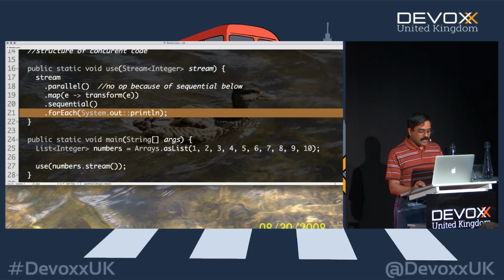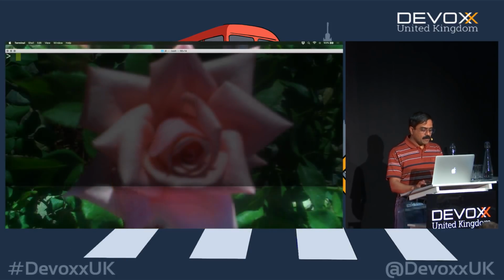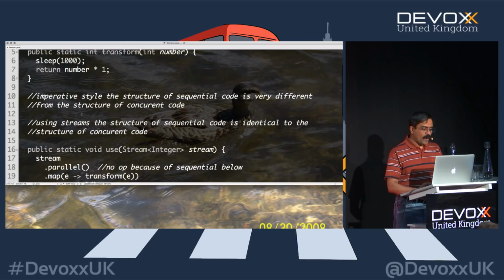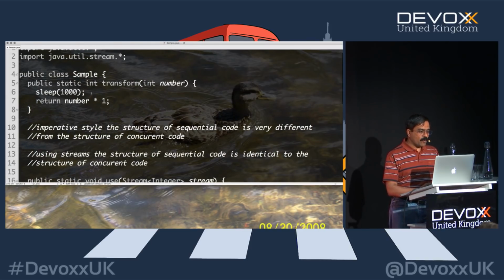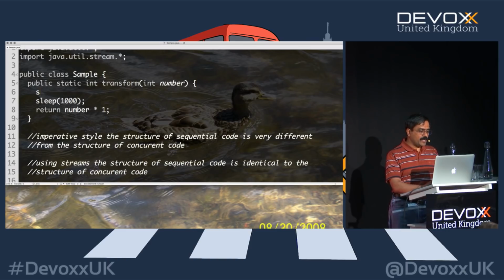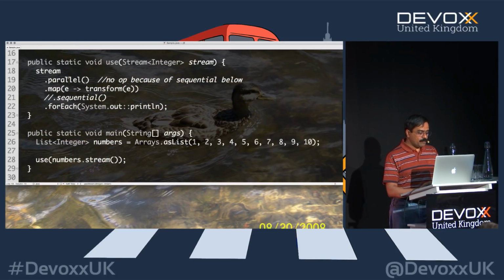So as you can see in here, even though we said parallel and then we said sequential, when you run the code, it is all going to run sequentially. Of course, in this case, it wouldn't really make sense to see it unless we see when the transform is called. So let me go back to the transform, and I'm going to simply say over here, output, let's say called for, let's say number. Now notice in this case, it's running in parallel.